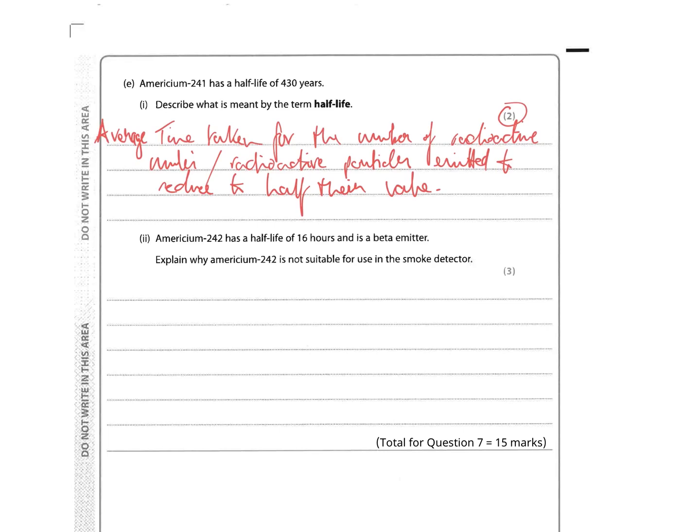Okay, then it says Americanium 242 has a half-life of 16 hours and is a beta emitter. Explain why Americanium 242 is not suitable for a smoke detector. Well, beta particles can travel through smoke.